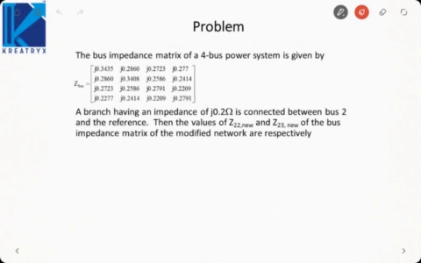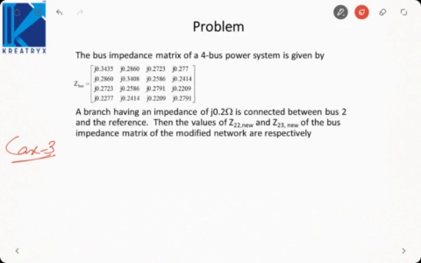Moving on to the next problem. Here it is saying the bus impedance matrix of a 4-bus power system is given to me. Now we add a new branch between bus and reference, that is case number 3. Now how we dealt with this case is, we first added a new bus to the existing bus and then made that bus the reference.